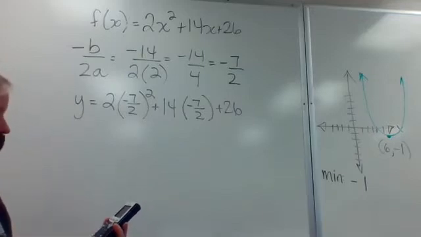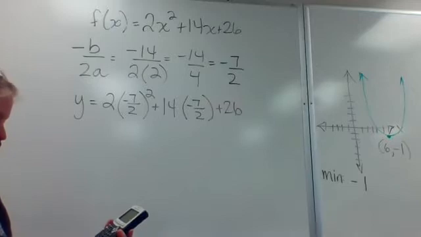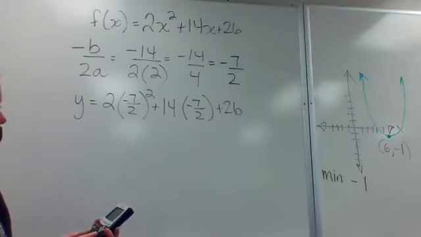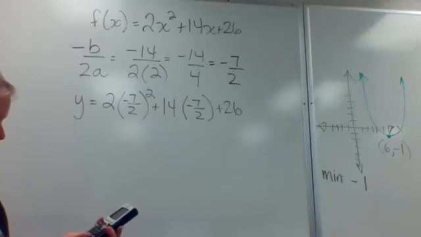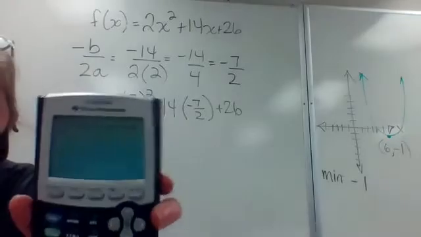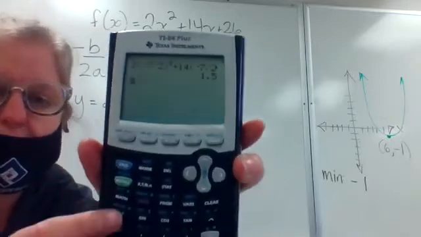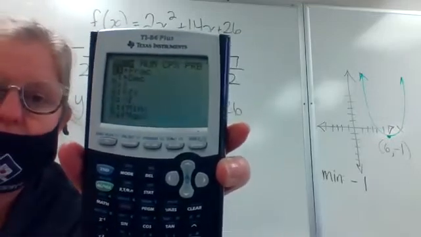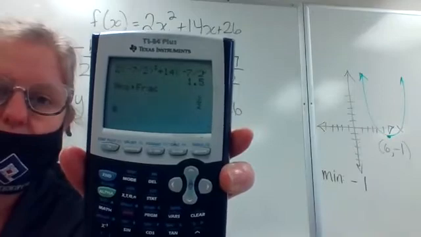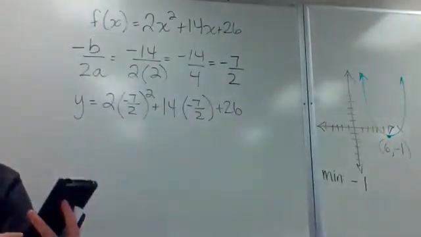So 2, open parentheses, -7 over 2, close your parentheses, hit your squared button, plus 14, open parentheses, -7 over 2 again, and then close, plus 26, and hit enter. So since it gives me a decimal, 1.5, just hit math, enter, enter, to get 3/2.